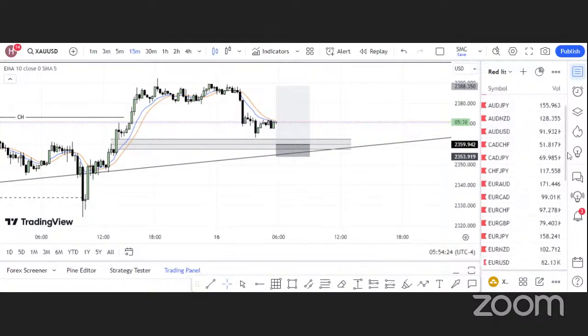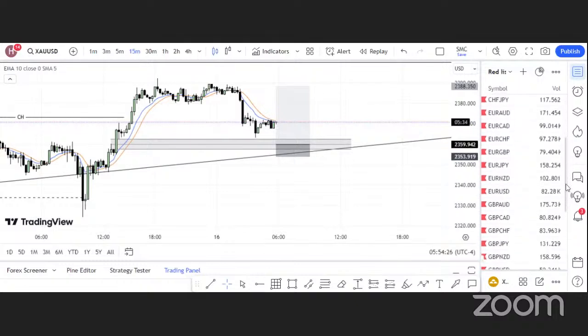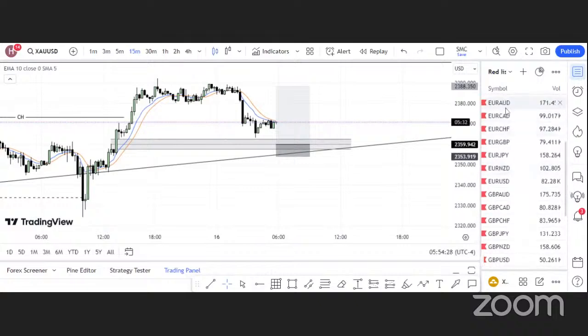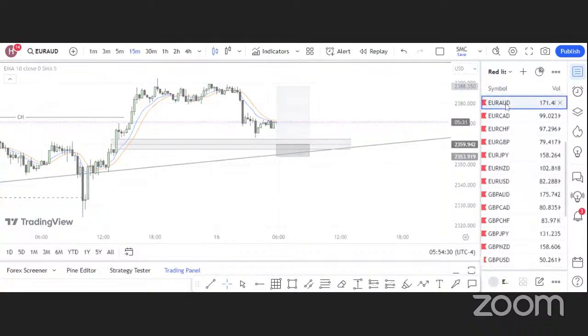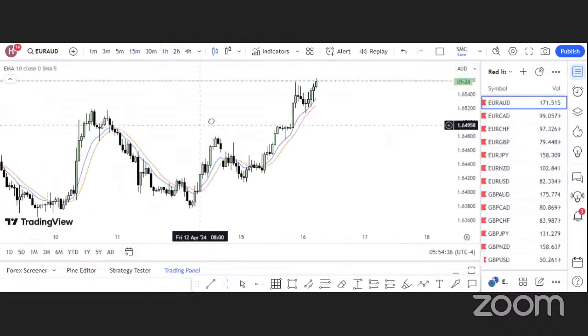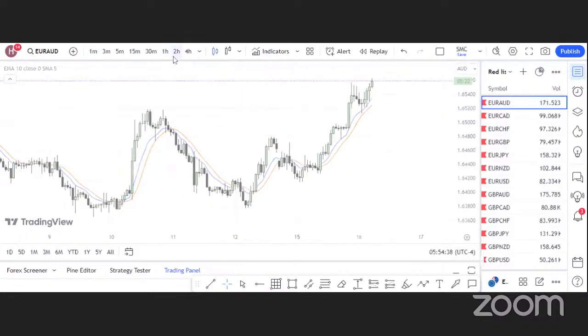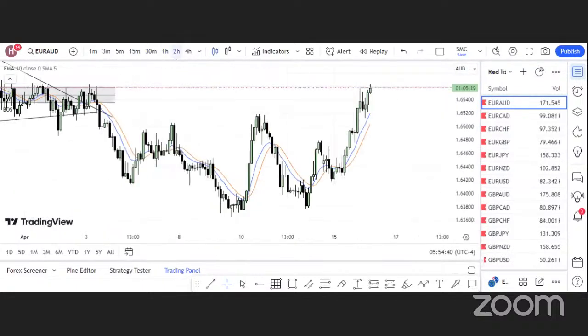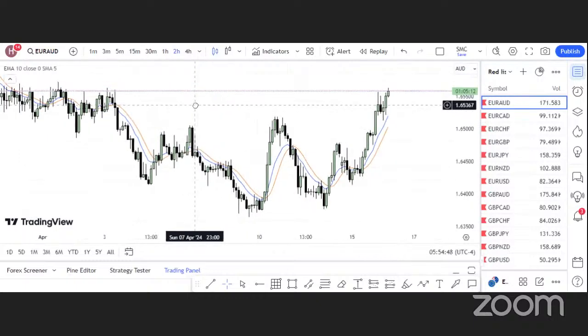So let me look for less volatile instruments you can have an open position on. All right, so we are currently on Euro AUD.